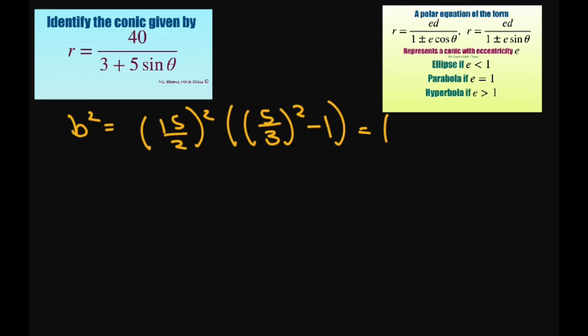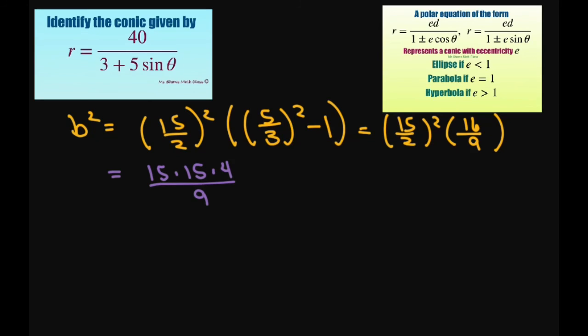This is going to give me 15 divided by 2 squared times 16 divided by 9. This can be simplified to 15 times 15 times 4 divided by 9, and this equals 300 divided by 3, which is 100, which equals b squared.